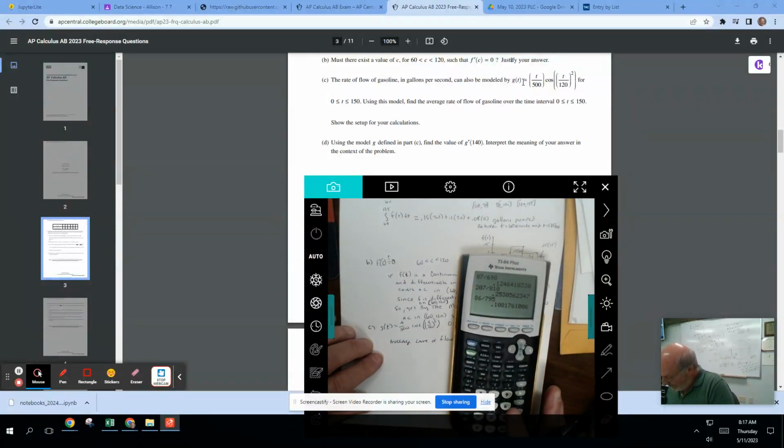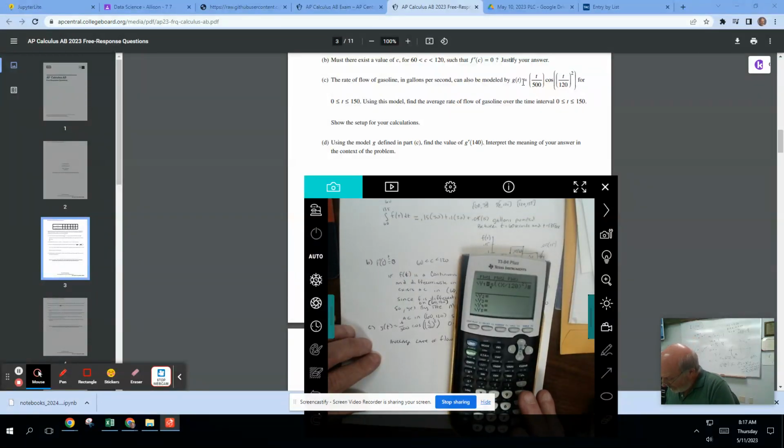Second quit. Our function is y equals t over 500, cosine, and this is going to be x divided by 120, squared.